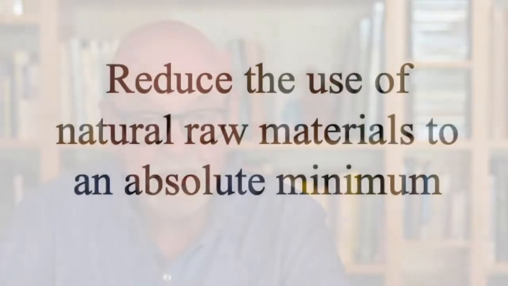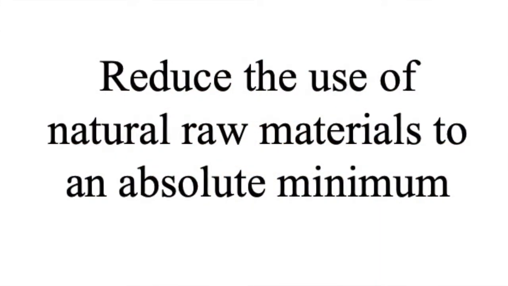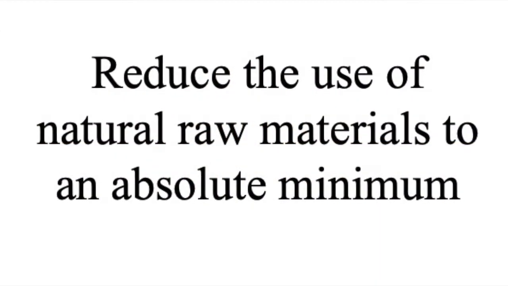BSI has developed an international standard called BS 8001, and they spend a lot of time linking the circular economy to ISO 14001. One of the bedrocks of the circular economy is to reduce the use of natural raw materials to the absolute minimum.